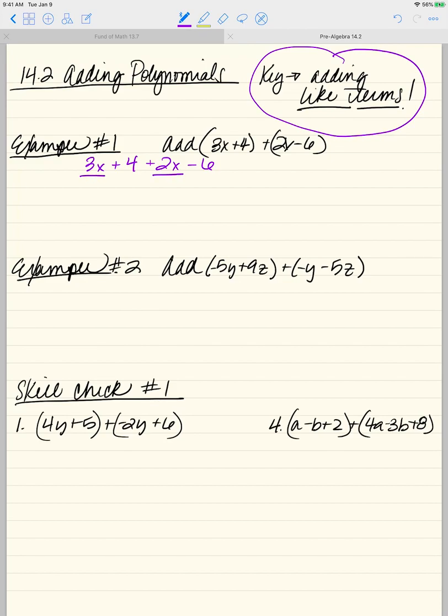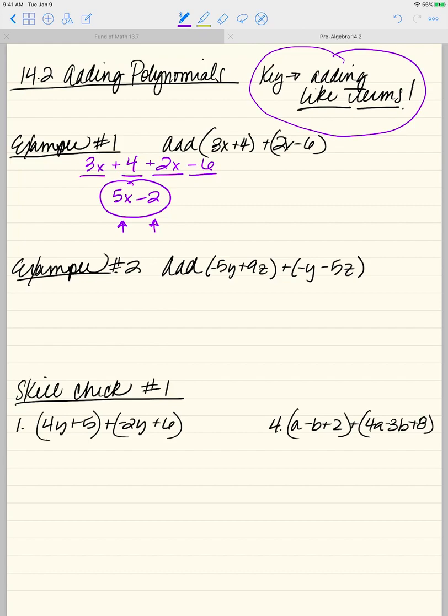Here's your x terms, okay? 3x plus 2x, add the numerical coefficients. That becomes 5x. Then we have 4 minus 6 is minus 2. And this is as simple as this expression can get, all right? Because 5x and negative 2 are not like terms because the first term has an x, the second term does not. So that's as simple as we can get that one.